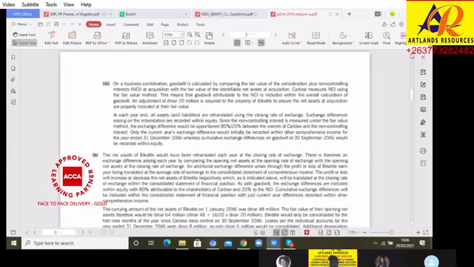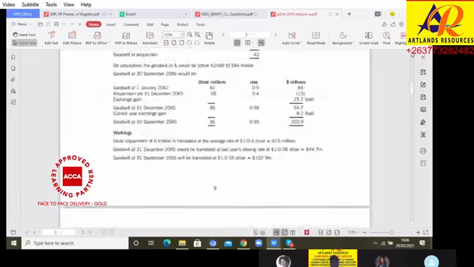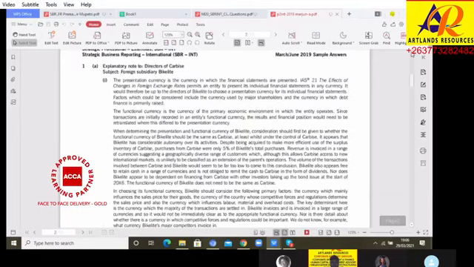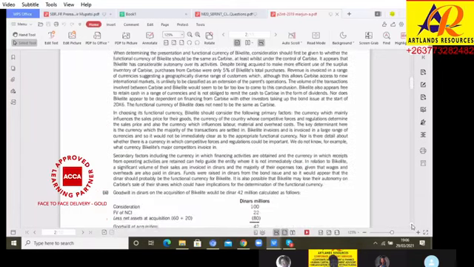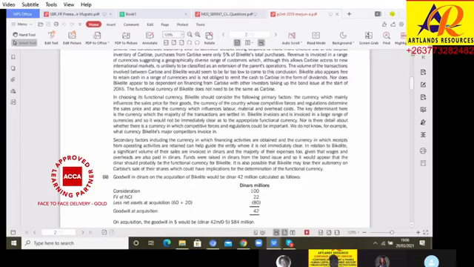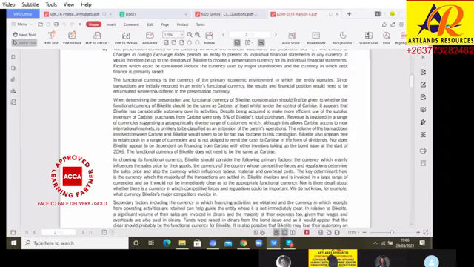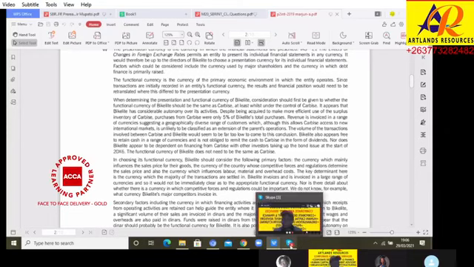Because a marking scheme will be of this length. Notice all this is for 7 marks on question 1 alone. So don't be tempted to think your answer should be this long, because there's no way you can type all this to this extent and finish in an exam. There's no way.